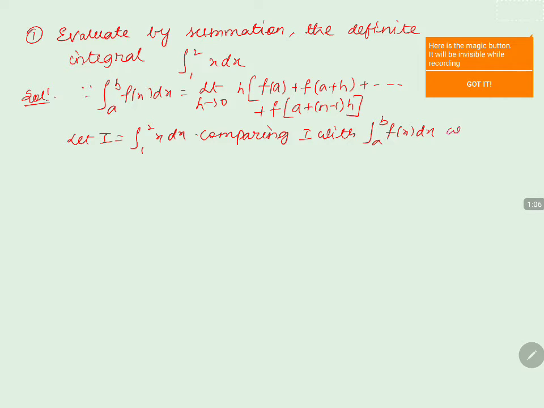We get a equal to 1, b equal to 2, and f of x equal to x, and we'll calculate h, that is b minus a by n, that is 2 minus 1 by n, which is 1 by n, where n belongs to capital N.